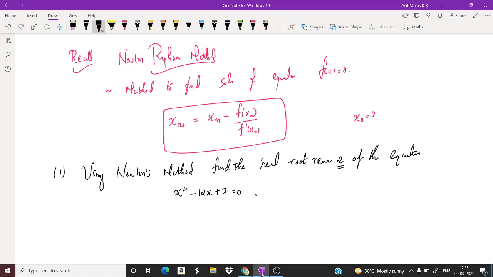So this is the question. x raised to 4 minus 12x plus 7 equal to 0.